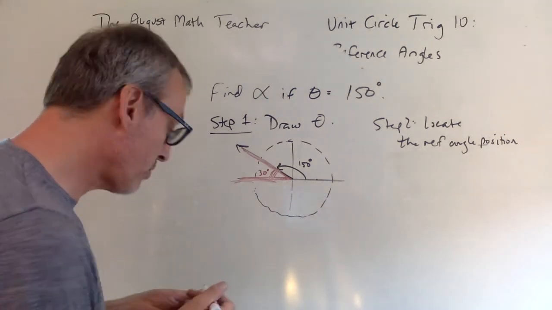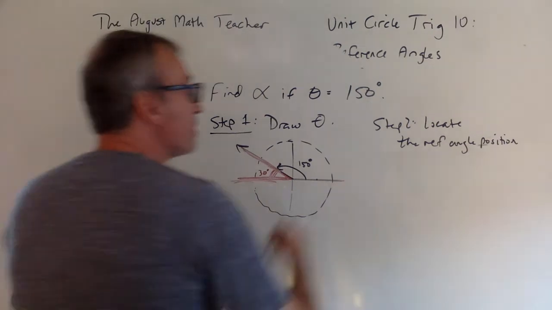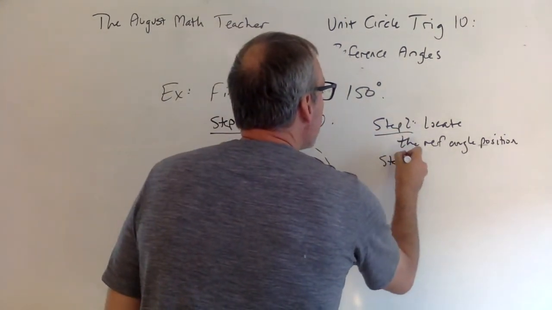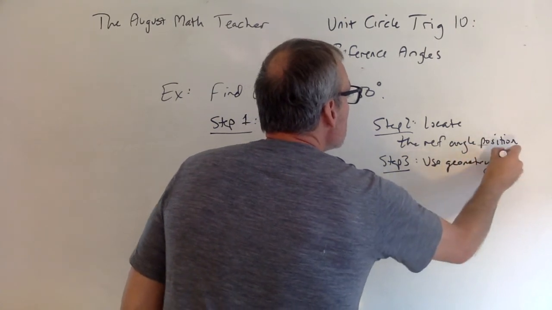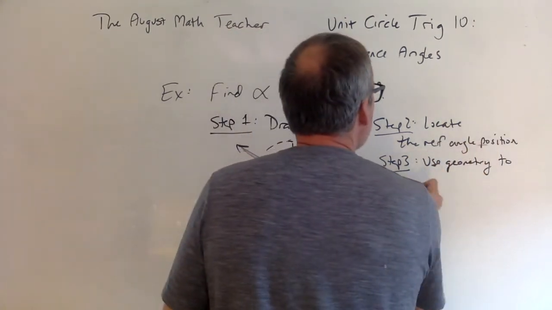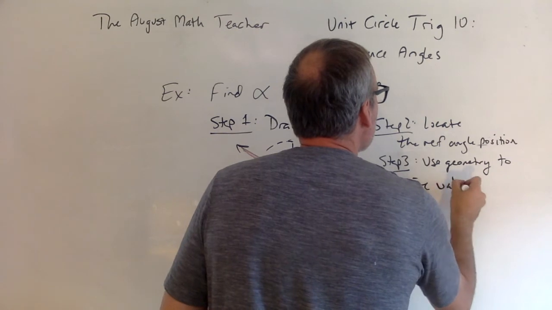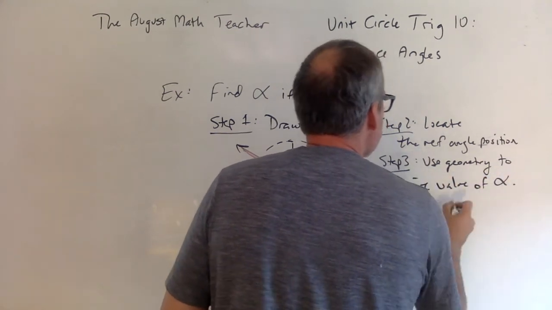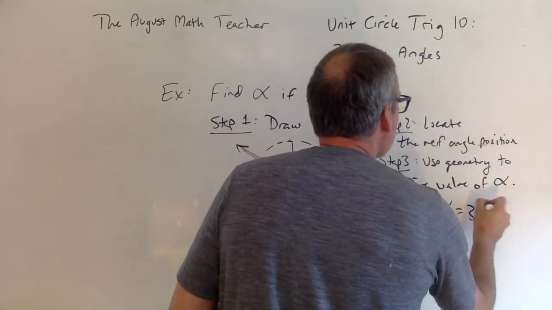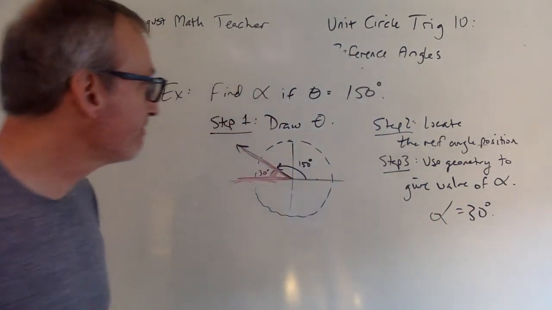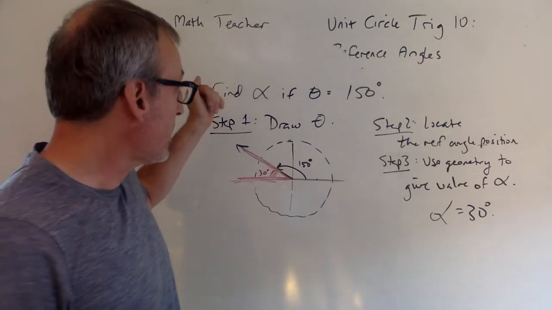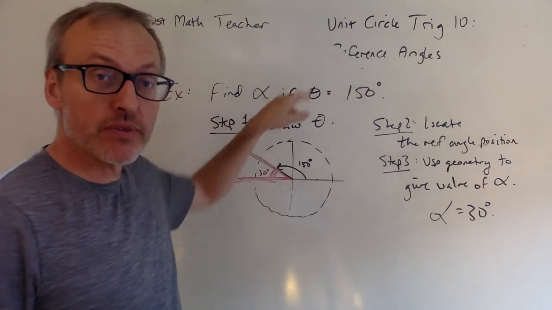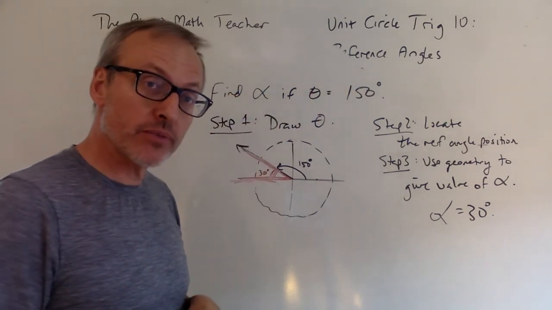So it's a 30-degree angle. And so step 3, it sounds kind of silly, but I'm just going to say, use geometry to give the value of alpha. And in this case, alpha is equal to 30 degrees. That's it. So that's the answer. The reference angle for a 150-degree angle is 30 degrees.